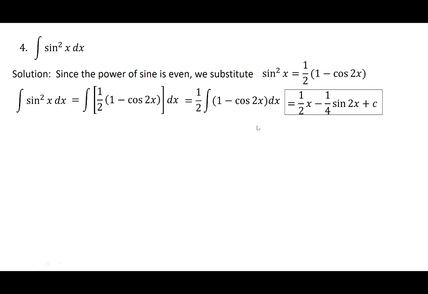There's already a 1/2 on the outside, so 1/2 times 1/2 is 1/4 sine 2x. So this is how you solve the integral of sine square x. Cool? Obviously, if I were you, I would immediately figure out the integral of cosine square x. That's a curious thing to do.